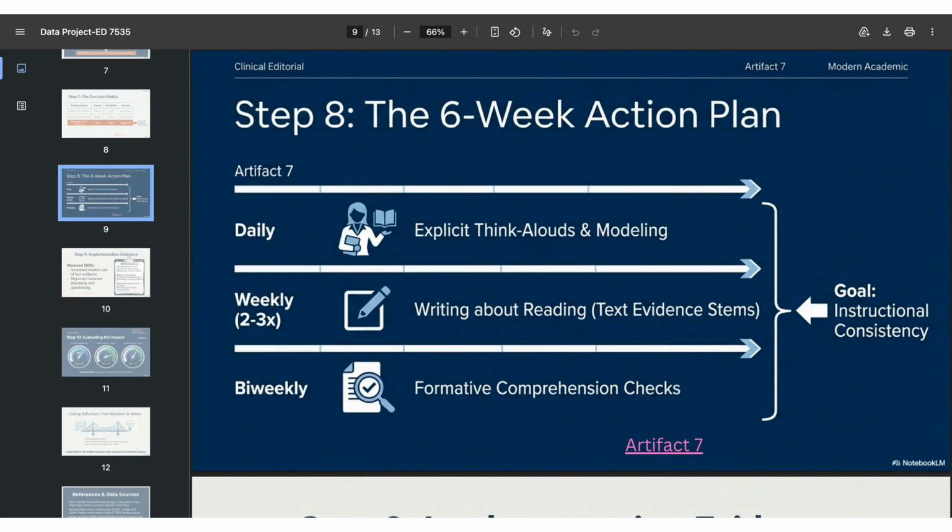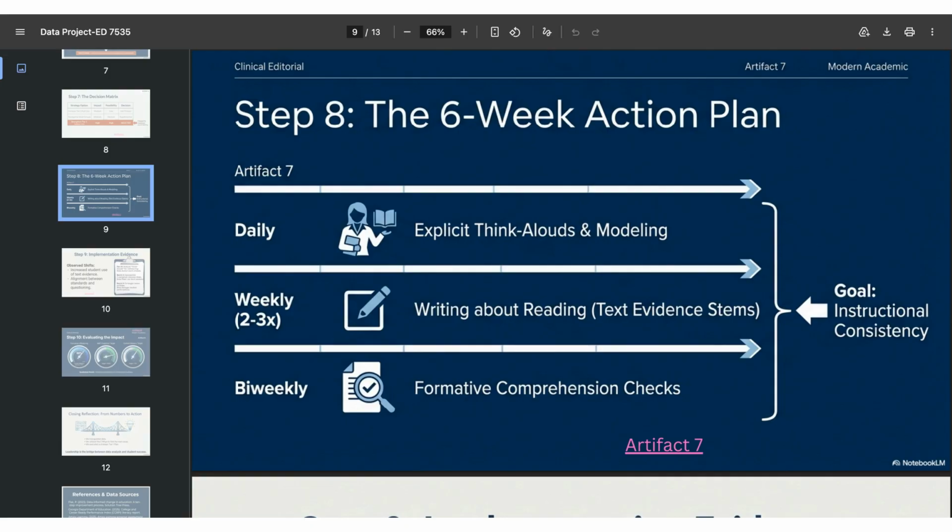So here's our action plan. The action plan directly reflects the selected strategy and includes daily explicit modeling of comprehension strategies, consistent use of text evidence sentence stems, writing about reading 2 to 3 times weekly, bi-weekly informative comprehension checks, as well as monthly collaborative data meetings. The plan also includes the responsible parties, the timeline, and our monitoring tools.